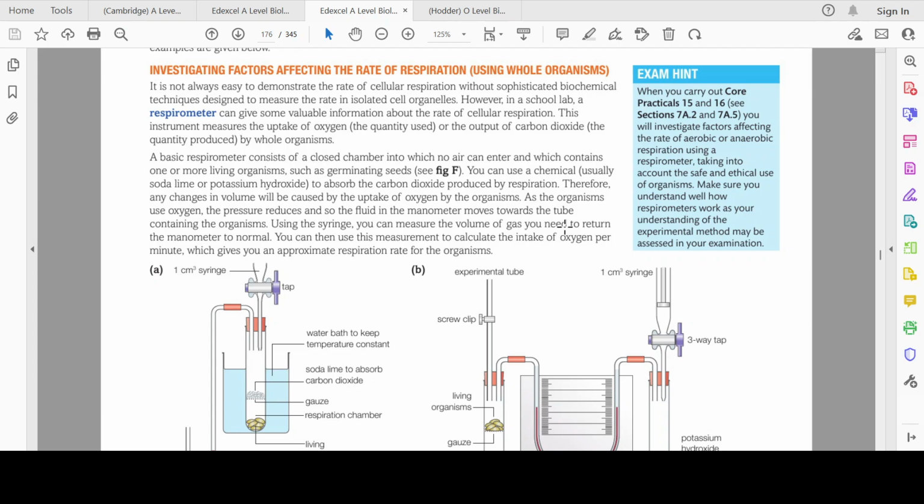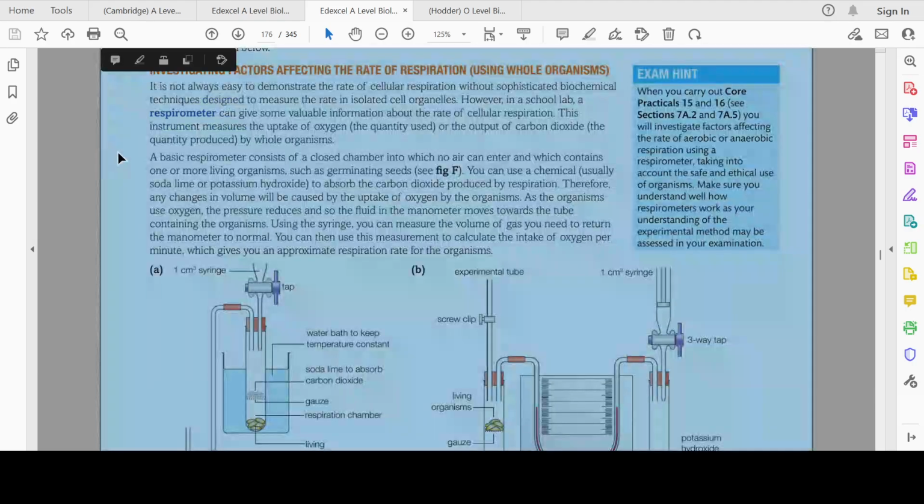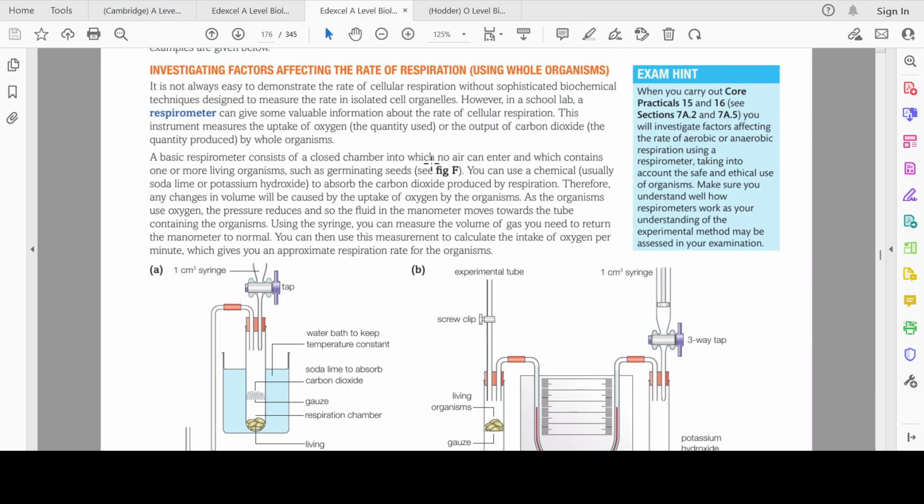So as they say over here, what we're talking about is not a sophisticated setup where they're measuring respiration in organelles, but a school setup where something called a respirometer can be used. And what they're going to use is some small organism that is respiring.